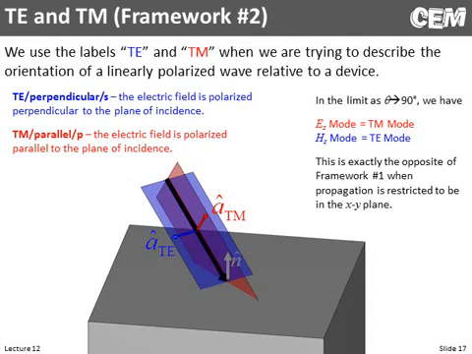So the moral here is when you're reading the literature and you hear somebody or read somebody say TE mode or TM mode, you may not exactly know which mode they're talking about, and you'll have to dig deeper, and it's not always easy to figure out what people are talking about. Sometimes I've had to just model the device myself, try both polarizations, match it up to what they did until I finally figure out what they mean by TE and TM. Because don't assume one way or the other.